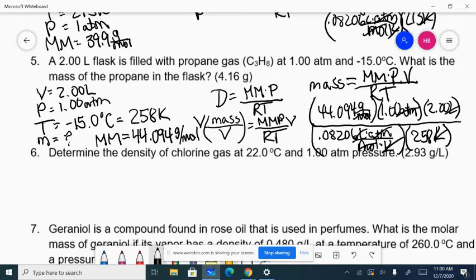Okay, let's solve for the density here. So density is equal to molar mass, P over RT.